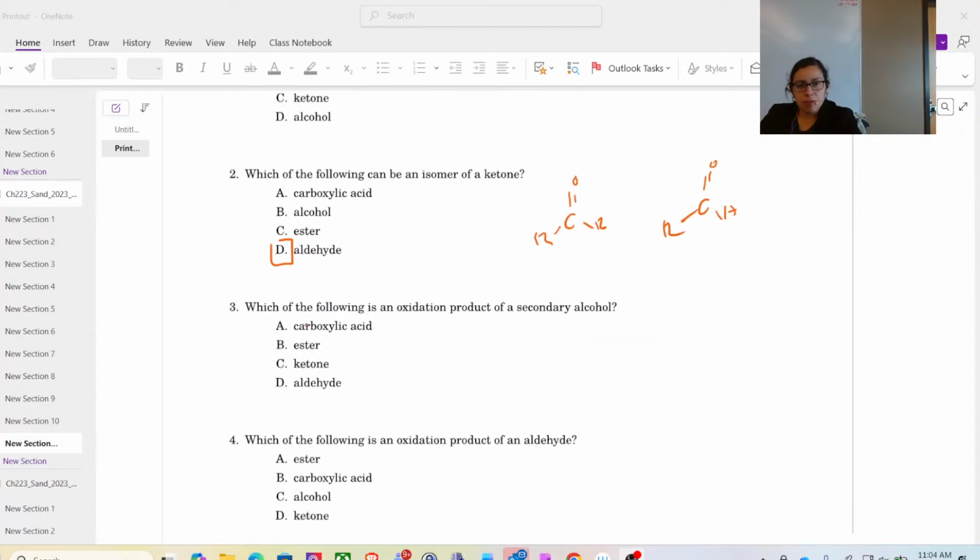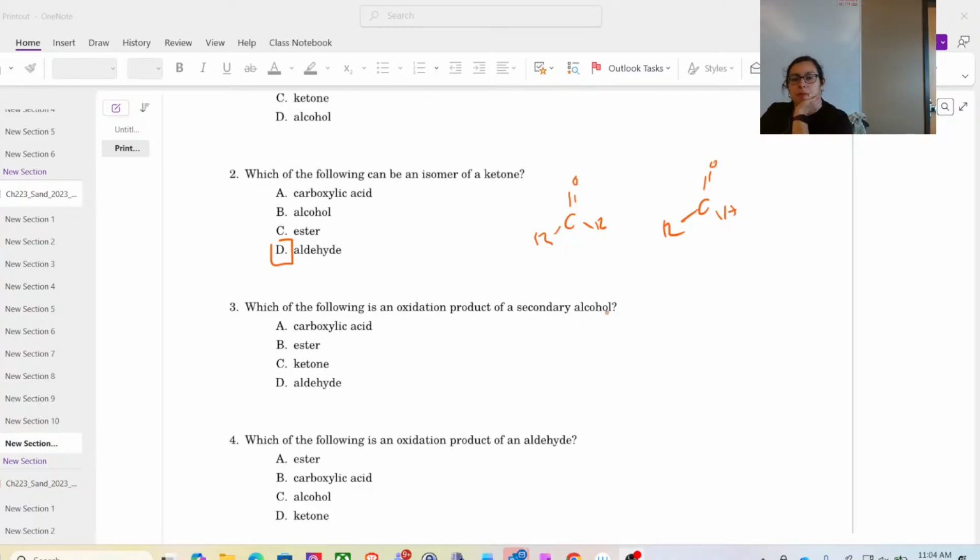And then, okay, which of the following is an oxidation product of a secondary alcohol? So which one was this? What's the secondary alcohol?